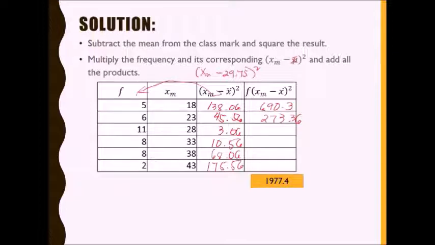11 times 3.06. 33.66. Tapos 8 times 10.56. 84.48.